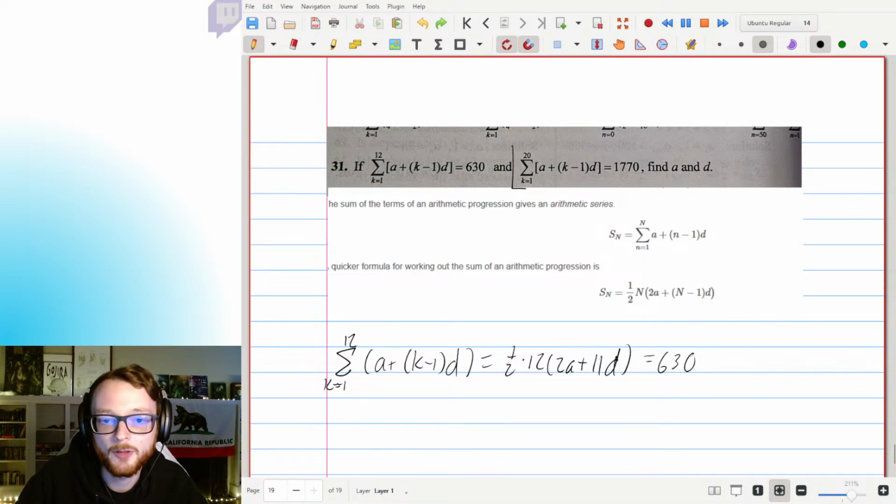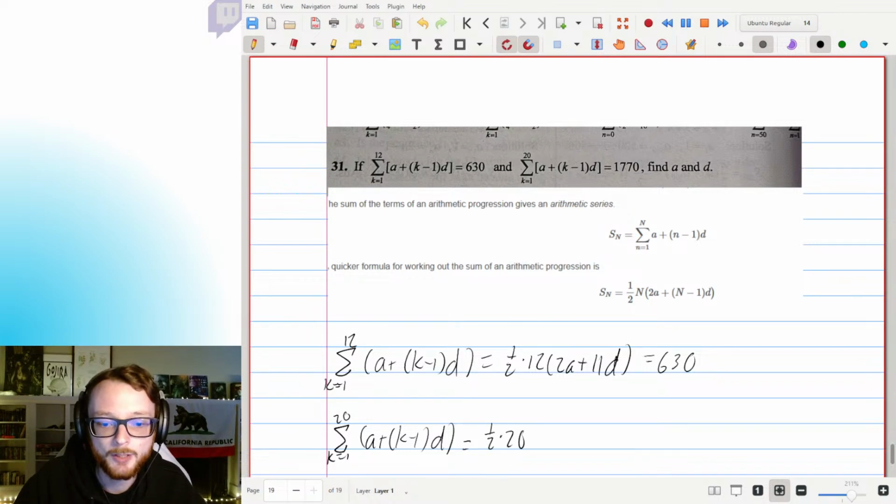Now let's do the same thing with the other equation. Half times 20, 2a plus 19d.